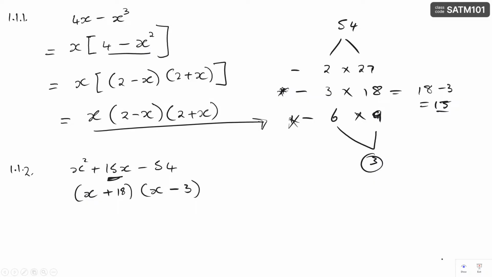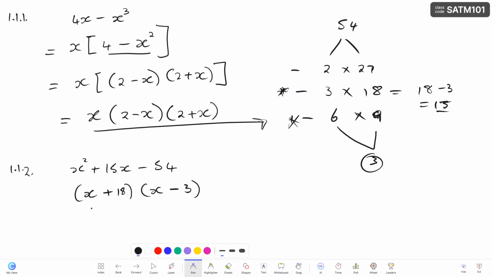The reason why 18 is positive is because of this expression here, 18 minus 3. We need positive 15, and here is positive 15. So that's the reason, and this is your answer. They're going to give you 2 marks for doing this.